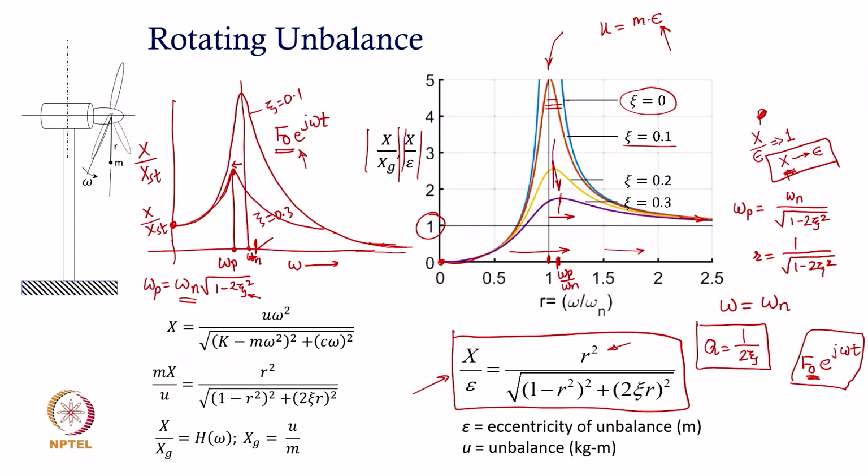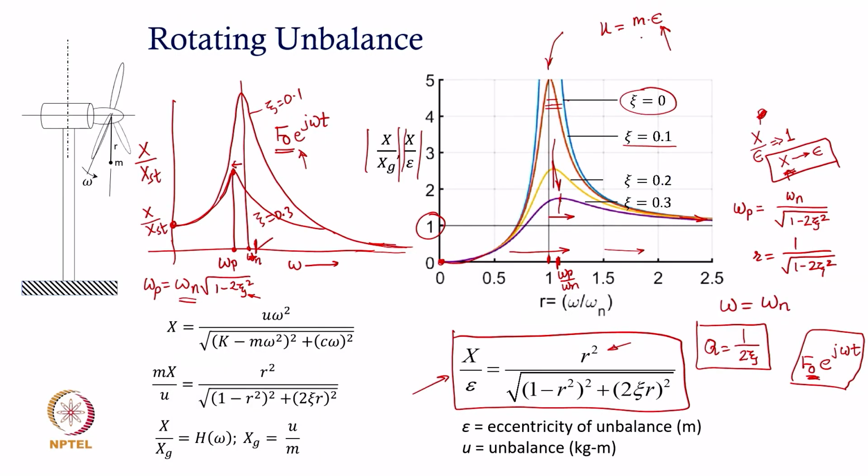Now, what is the process of reducing epsilon, the unbalanced eccentricity? It is to balance the rotor, right? That is what we do practically. Practically, we try to balance the rotor by reducing the offset of the mass center from the geometric center or the rotational axis.